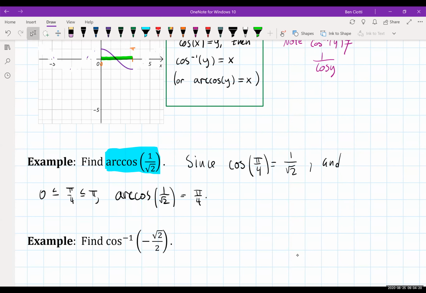Okay, so how about you all do this example and private message me, what is cosine inverse of negative root 2 over 2?